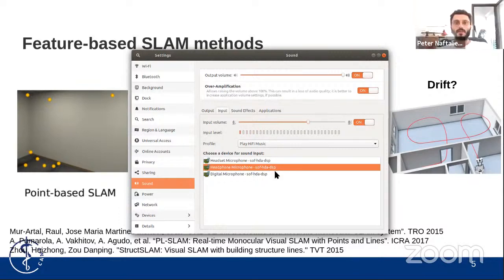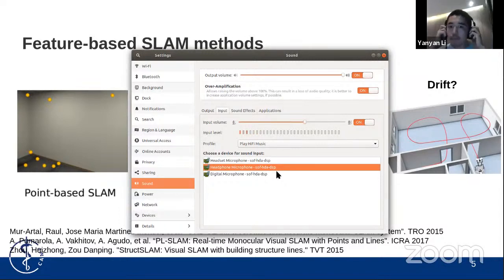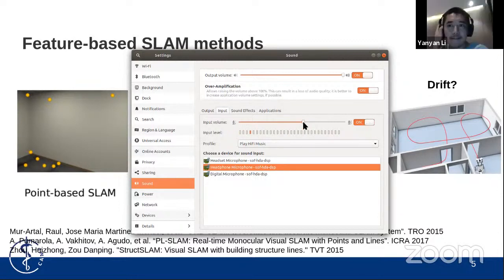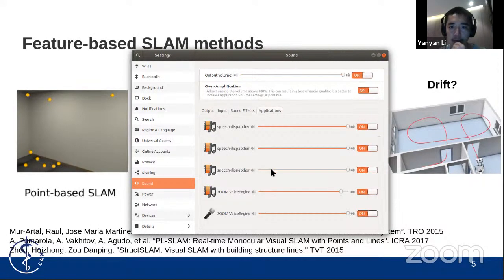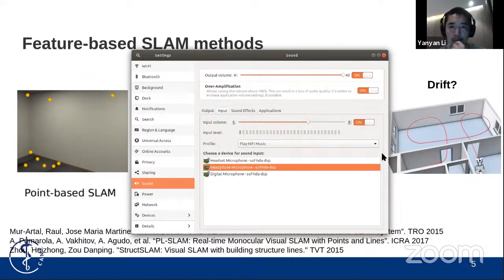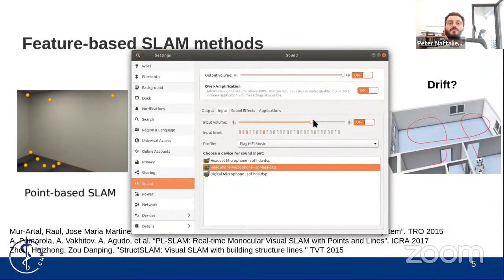It's a bit strong now. If we can dial it down a bit. Just move the input volume to the left.